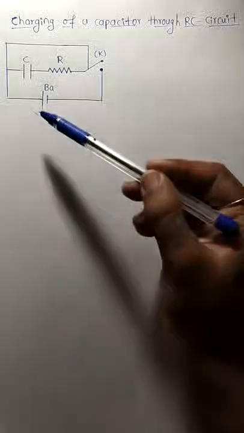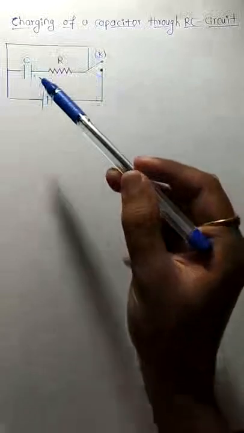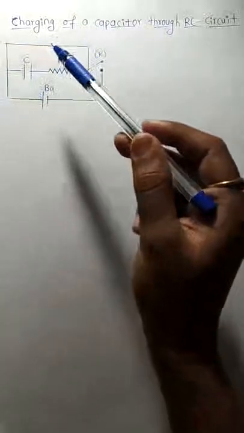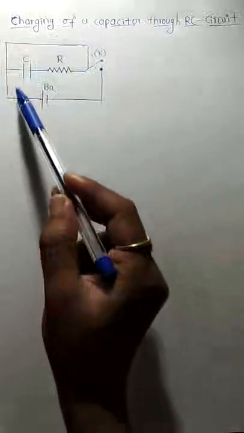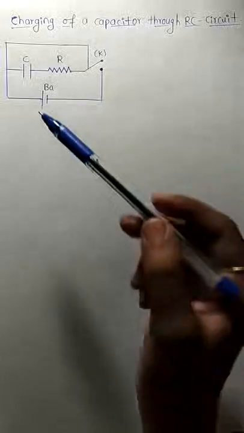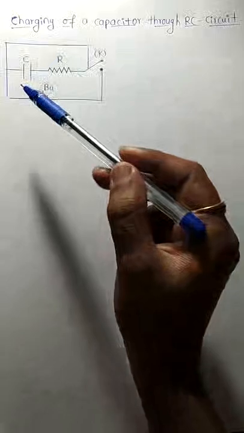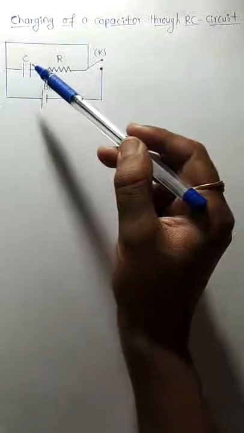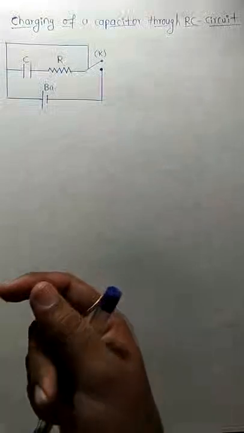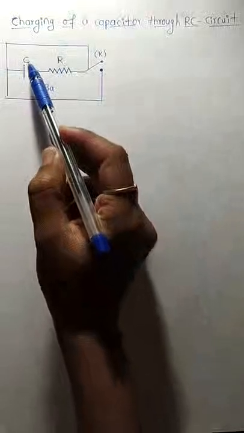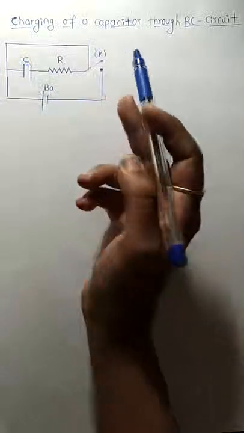Current flowing means the flow of electrons. When electrons flow in the circuit, that constitutes the current in a conductor, because here we have taken conducting wires. As current is flowing, charges are flowing. The capacitor starts to store that electrical energy in the form of charges, in the electric field.